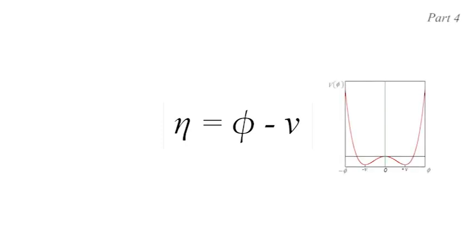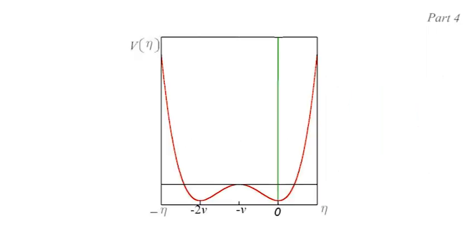If you think about it, eta would then be 0 to the right of the hill at the minimum. Eta is 0 when phi equals v. Just check that for yourself. This means that the graph for potential in terms of eta is now given by this.